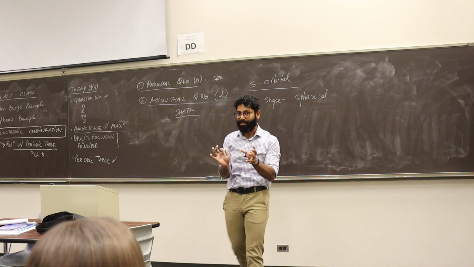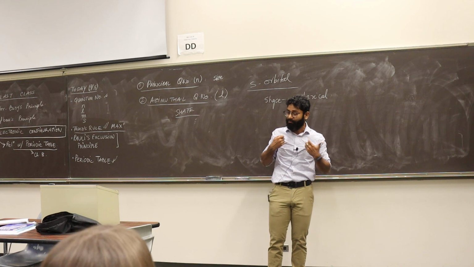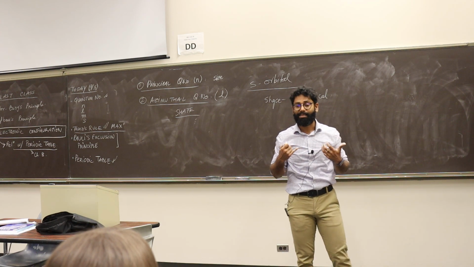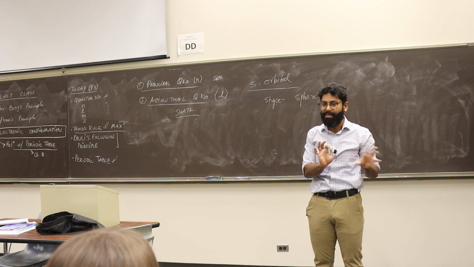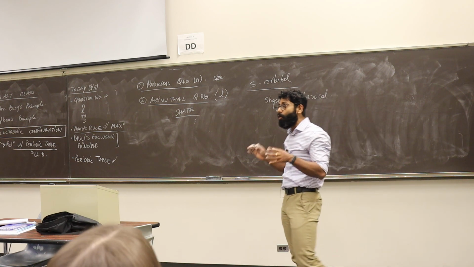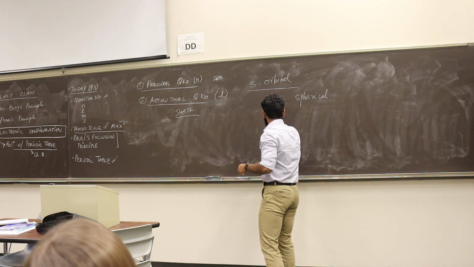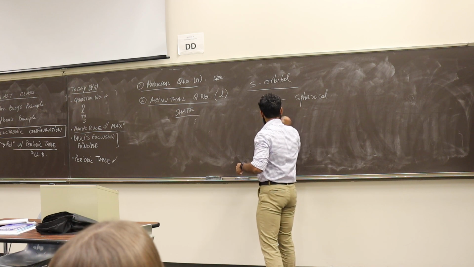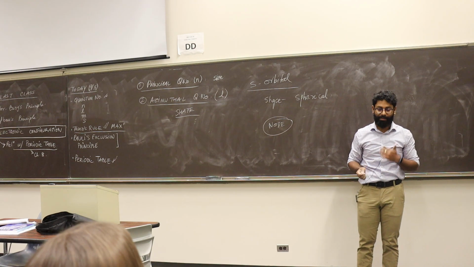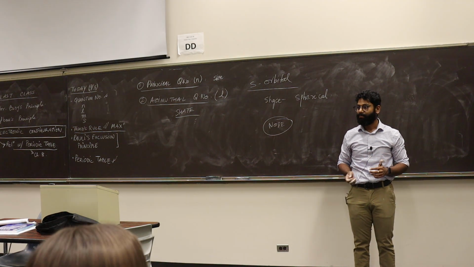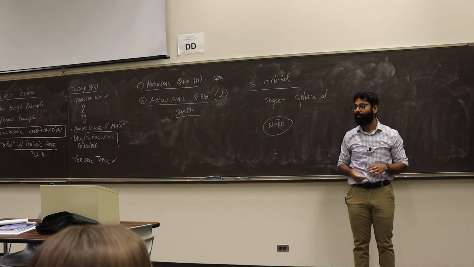So my orbital will be the place where there is a decent probability of me being, and my node will be a place where my probability is 0 or close to 0.